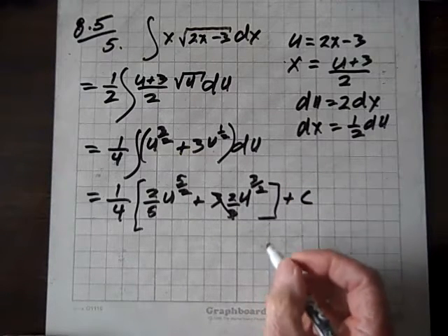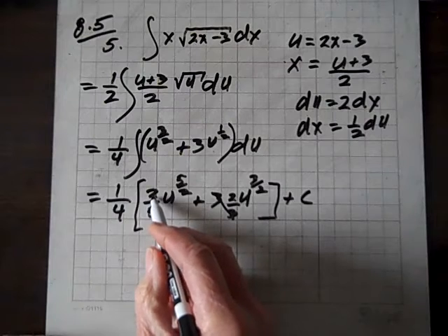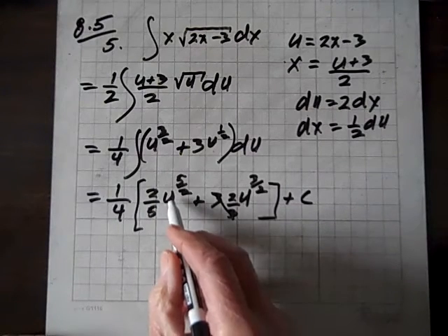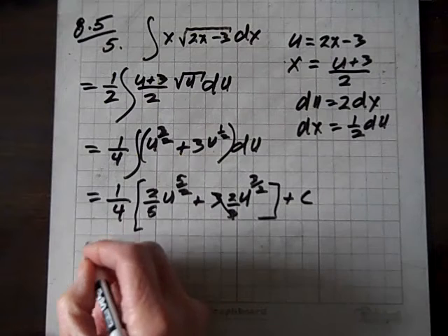Now, let's see, we can factor out a common factor. 2 is a common factor, and also u to the 3/2 is a common factor.